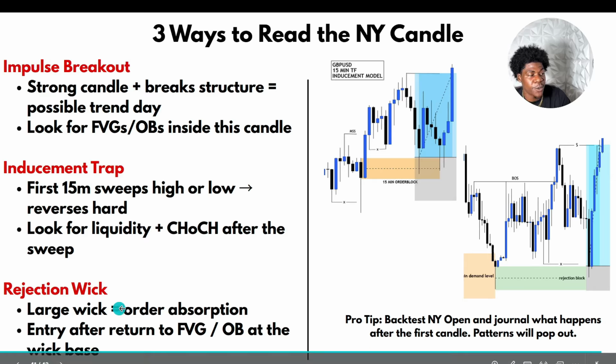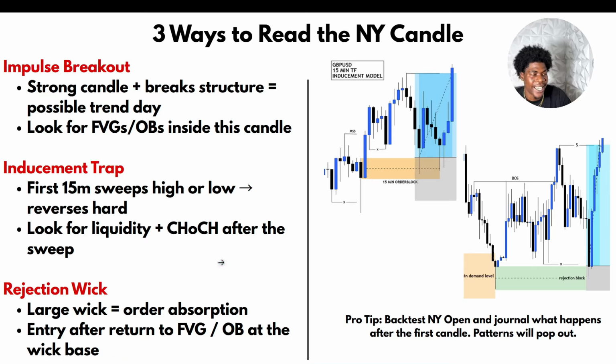We have our entry after price returns to the fair value gap or the order block at the wick of the base. As you can see right here, this is one of our schematics, and then this is another one. After price rallies lower and gives us that liquidity sweep, that inducement trap, after price sweeps an old low or an old high, it gives us this market structure shift.